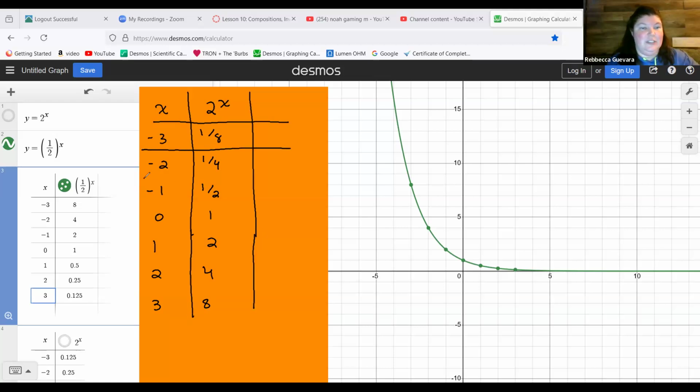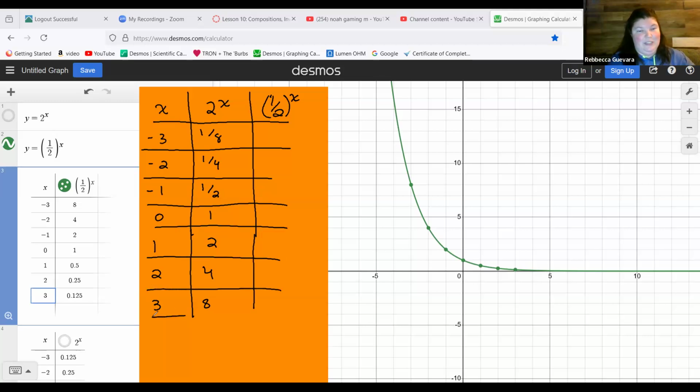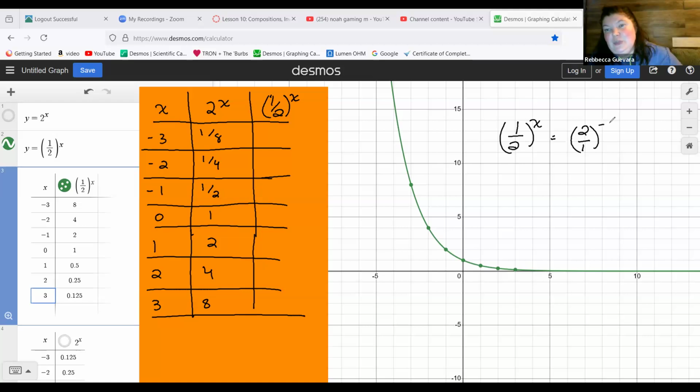Well, this is going to be a little different because now I have 1/2 to the power of x. If you go back to what I said about reciprocals earlier, if I have 1/2 to the x and I do the reciprocal and get 2, that power changes to a negative.